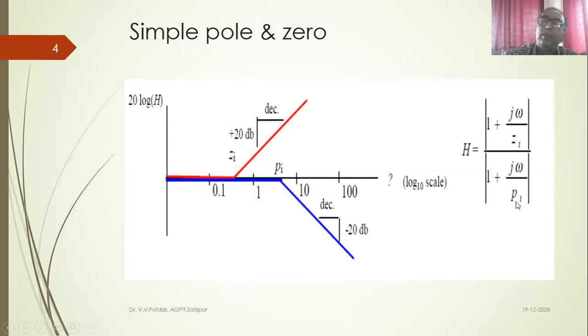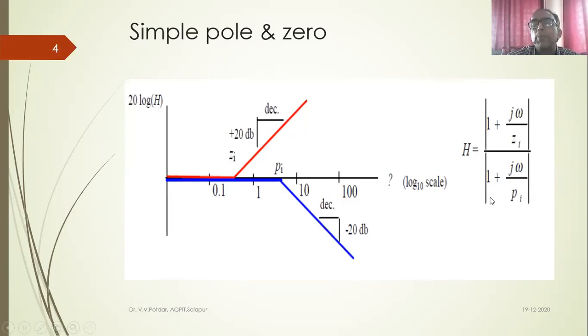Okay. So if I got s plus 1 factor in the numerator, I'll be having simple zero of the transfer function. If I got s plus 1 factor in the denominator, I got a simple pole of the transfer function. Okay, so once again, for a simple pole, I'll be having a straight line of slope minus 20 decibel per decade. Why minus 20? Because the magnitude value is decreasing. So this is a line of negative slope.